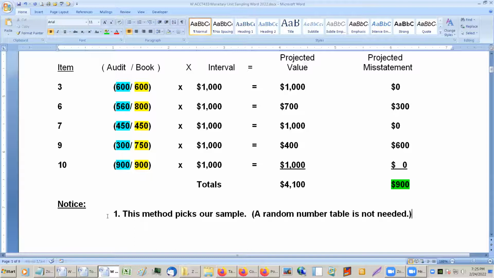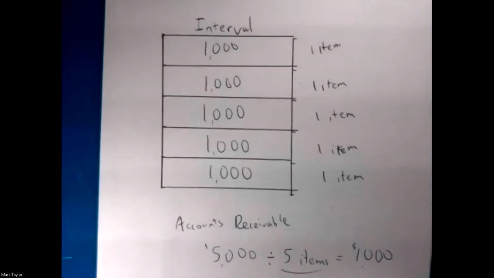Okay, a couple of things here. The first one is this automatically picks our sample, so we don't have to worry about picking a random sample that's not biased, and making sure that somebody else can come in and pick that same sample. We don't have to worry about that. This method says the one that crosses the interval is the one you pick. So it's already done for us.